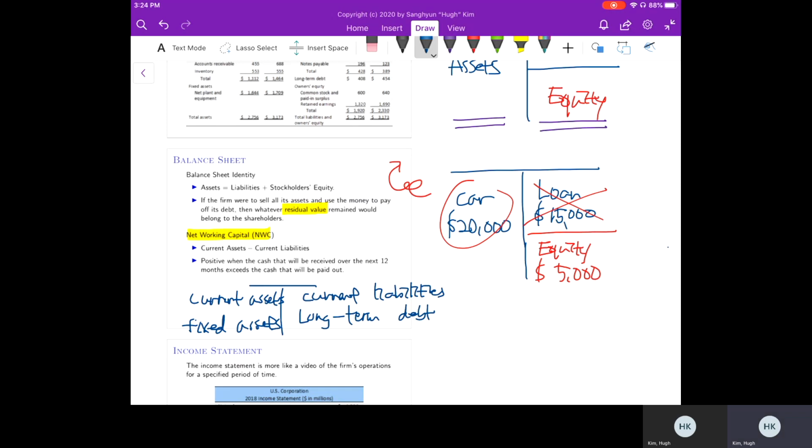And net working capital is the difference between current assets and current liabilities. So this is net working capital, the difference between these two. So net working capital will be positive if the cash that will be received over the next 12 months exceeds the cash that will be paid out over the same time period. So in the healthy form, net working capital is usually positive.